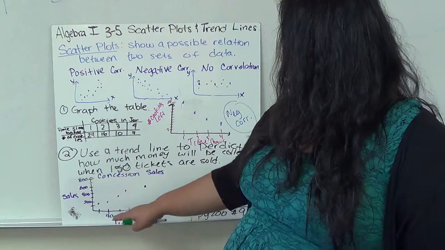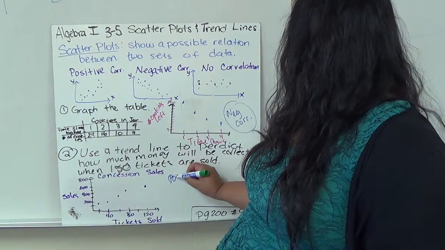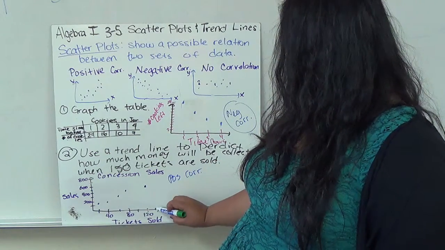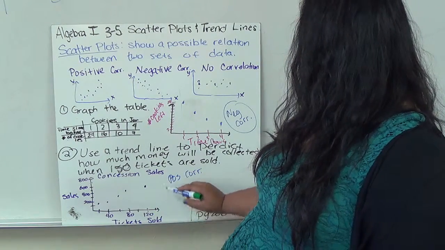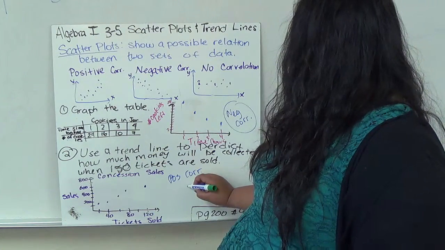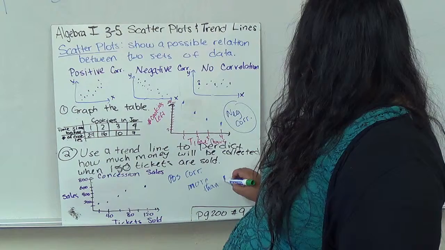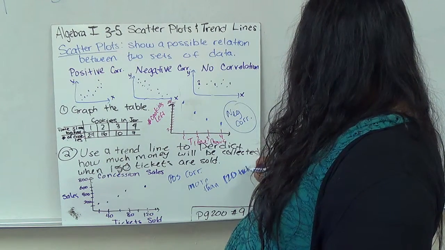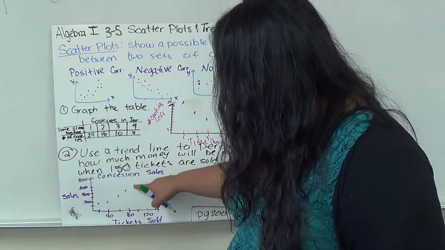So as this x increases, y increases also. This gives me a positive correlation. So that means at 150, it could be over 200. I don't know how much it's going to sell, but I know for sure that there would be more than 120 tickets. Sorry. It would be more than, that's $600.